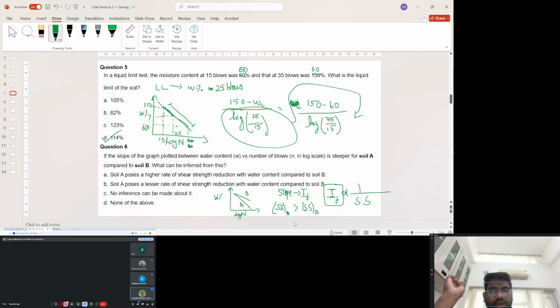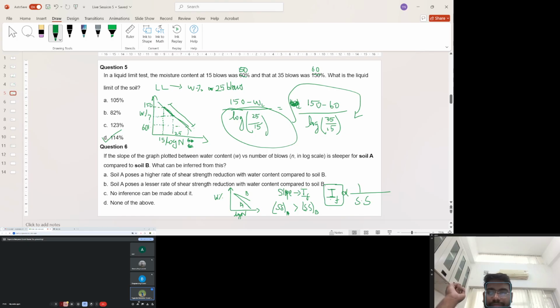The slope gives the shear strength value alone, but what we have been presented is that soil A possesses a higher rate of shear strength reduction with water content compared to soil B, and soil B possesses a lesser rate of shear strength reduction with water content compared to soil A.